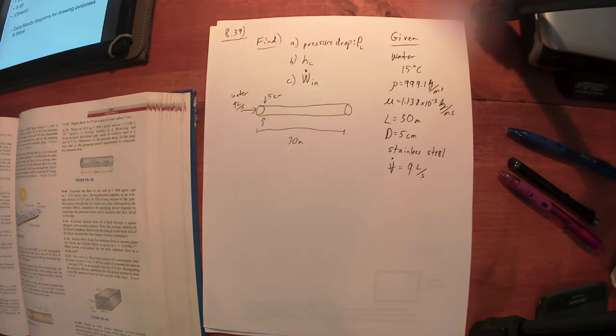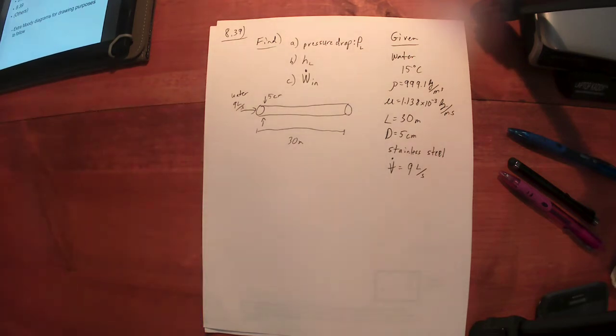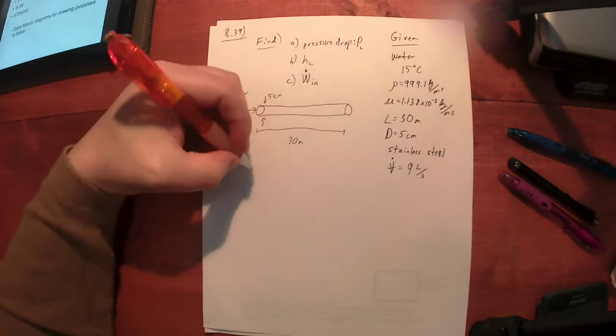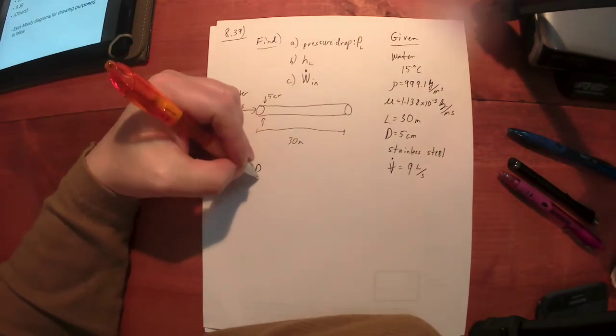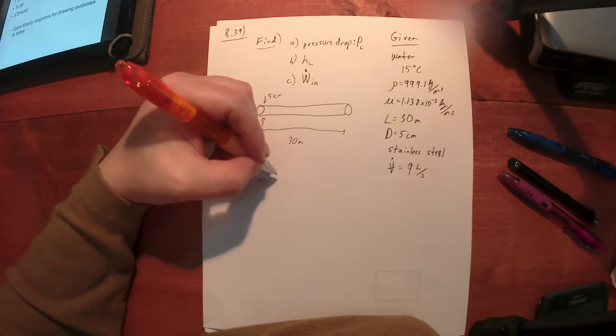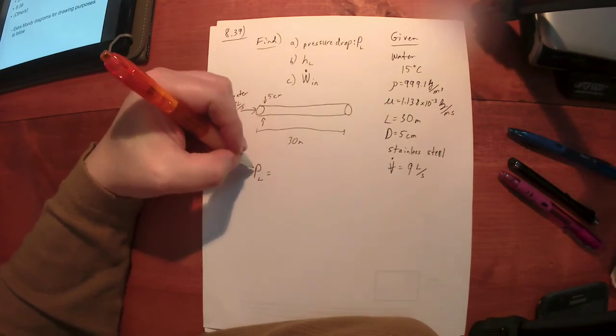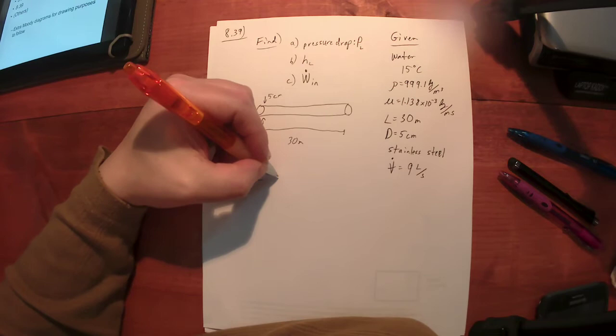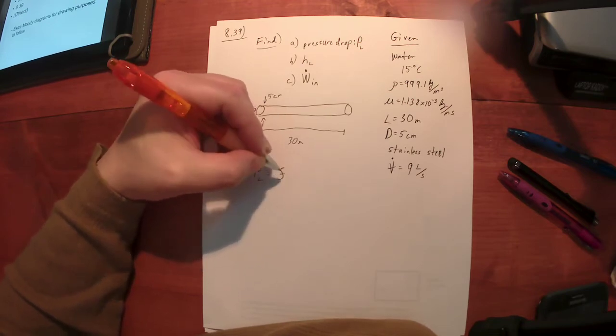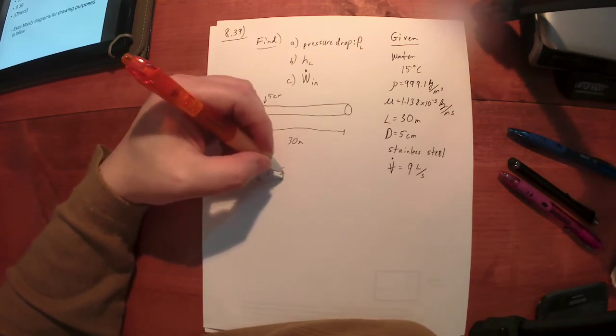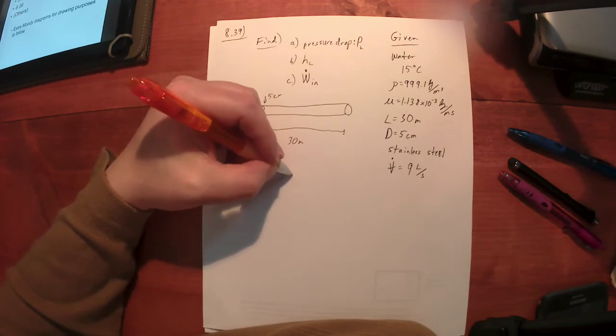Now that I've got the problem statement, I'm going to set the textbook aside. How do we find these quantities? Well, the pressure loss. I was going to start with the energy loss, but that's okay, we can start with the pressure loss. Pressure loss is going to be the energy loss multiplied by the density.